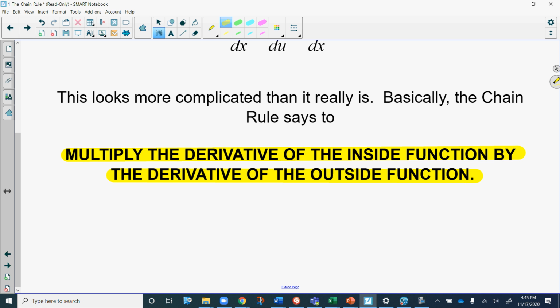You unpack them from the inside out, looking at things inside the parentheses and any exponents and whatnot. We're used to looking at things from the inside out. So whether we multiply the inside derivative by the outside, or vice versa, either way, it'll work out to be the same.